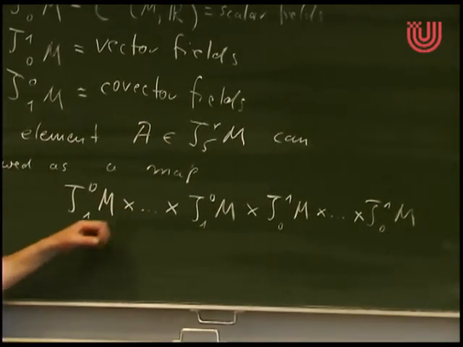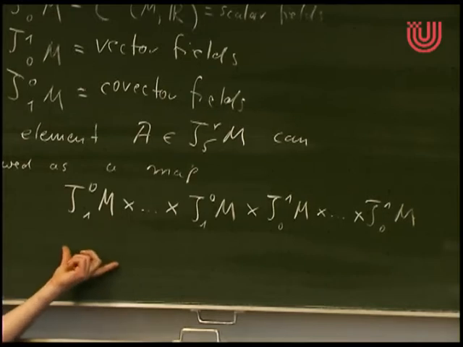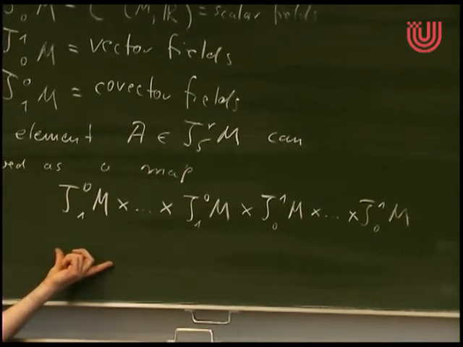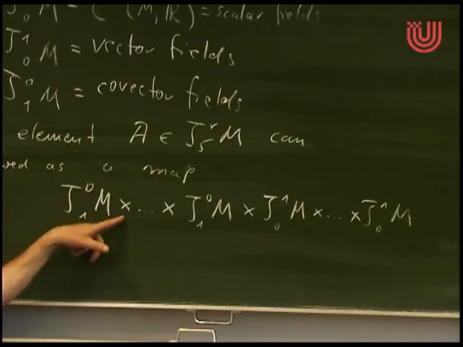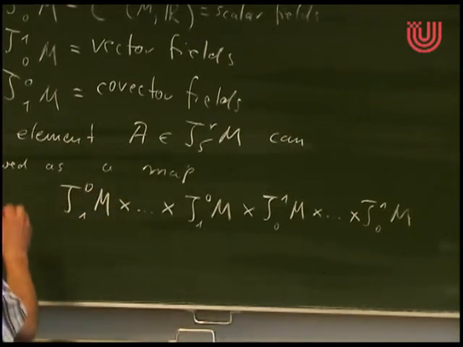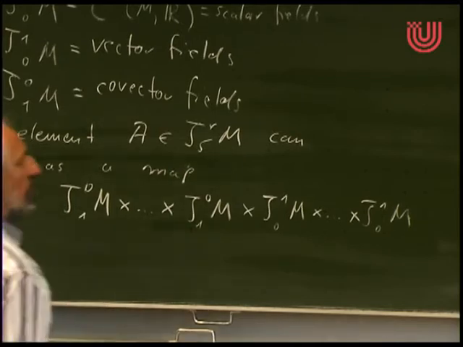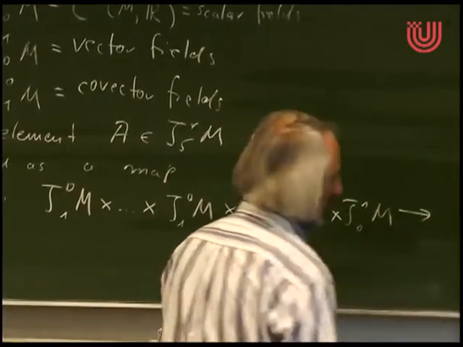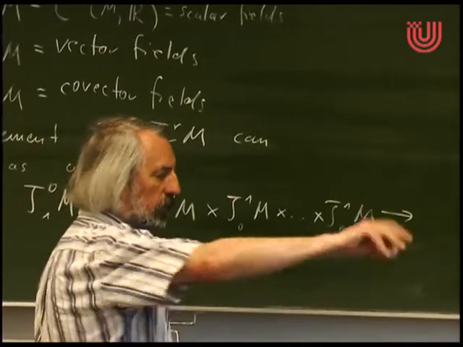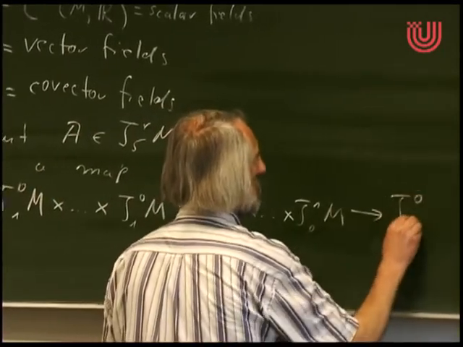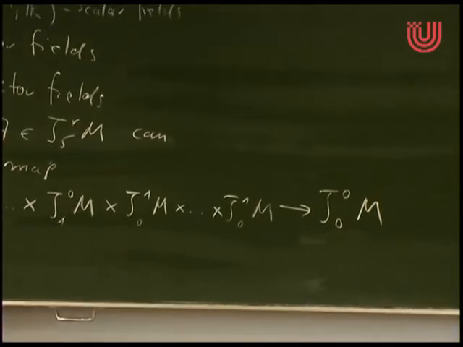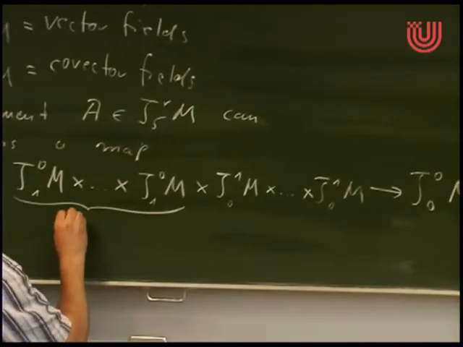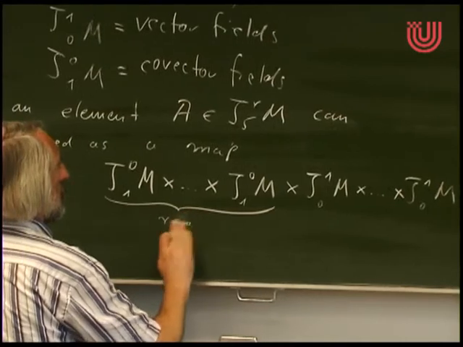A cross B means the set of all pairs, where the first element is in A, the second is in B. That's a purely set theoretical notion. Don't confuse it with the tensor product. So A is a map from this. Well, it gives a scalar at each point, so if the point is floating, it gives me something in T 0,0 of M. And here I have R factors, R times.